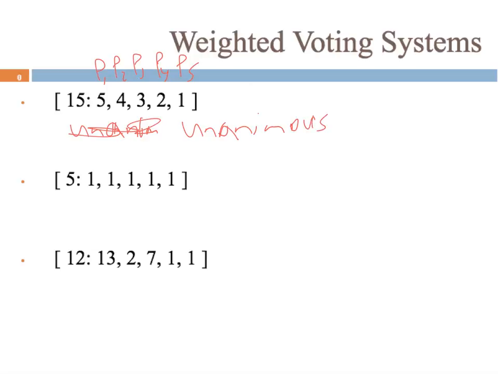So in this case, everyone needs to vote yes. Everyone's vote is crucial for the motion to be passed. For the next one, we have the same thing. We need all 5 of those to reach the quota of 5. So that one is also unanimous.